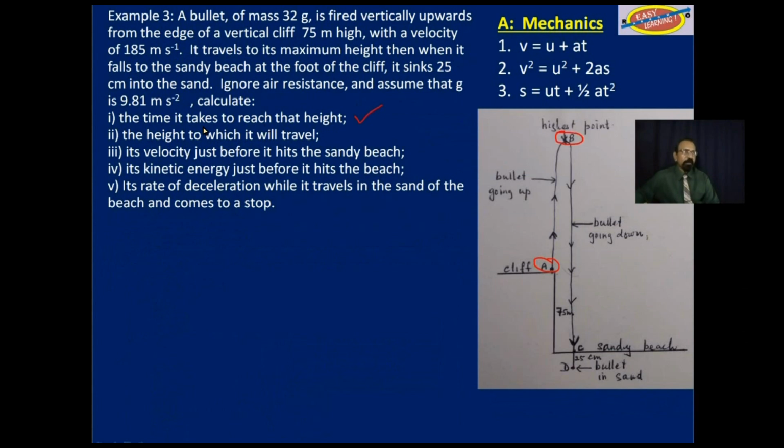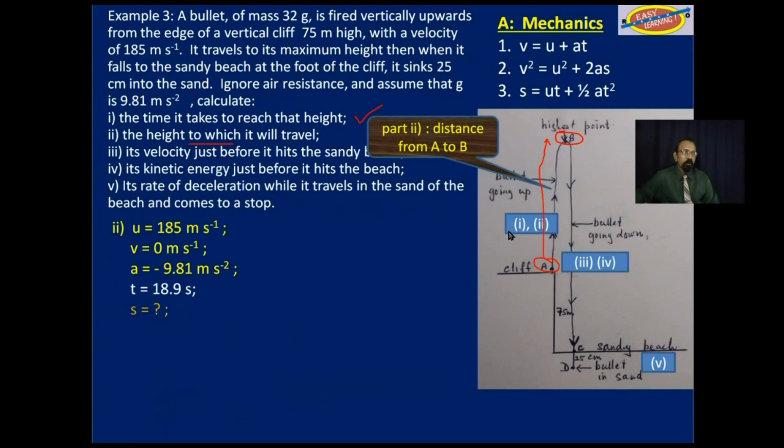Now we want to find the height, the distance from A to B. We know that U is 185 meters per second, that's the initial velocity. We know that the final velocity is 0 for the journey going up. We know that A is negative 9.81 meters per second squared, and we just found that the time is 18.9 seconds.